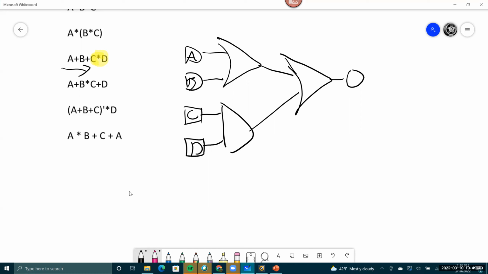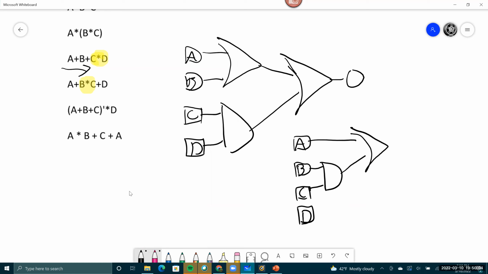All right, next one, we have an AND operation in the middle, so it means these two are done first. So we have A, B, C, and D. So these two are done first. And now that it's done, all that's left are OR gates. So everything's an OR, so it's going to be from left to right. So it's A or this result.